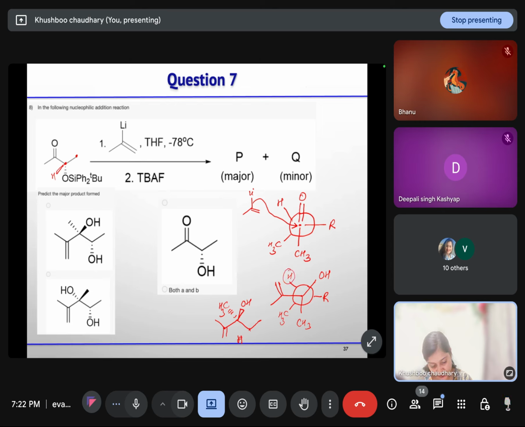Here hydrogen is above and methyl is below.